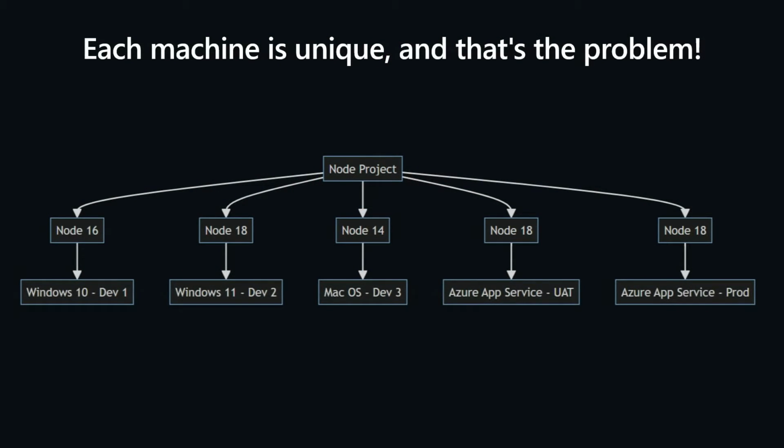Each machine is unique, and that's actually the problem. It's common for engineers to use personalized work machines and various hardware, various operating systems, and software configurations of their choice. Remote environments are optimized for the cloud, and typically they differ from our work machines.